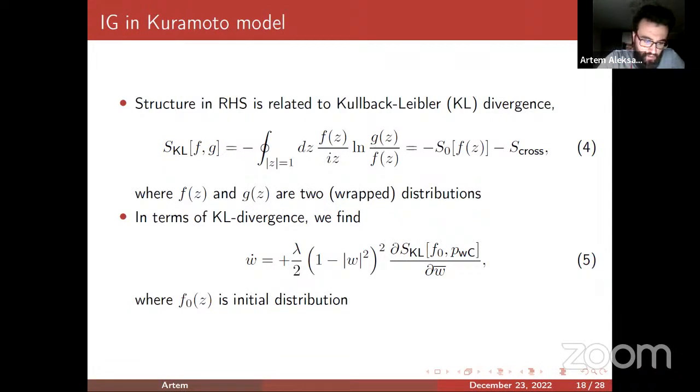The structure on the right-hand side of the equation for W is simply the Kullback-Leibler divergence. It measures the difference between 2 probability measures. It says how the initial distribution differs from the instant distribution on the unit circle.